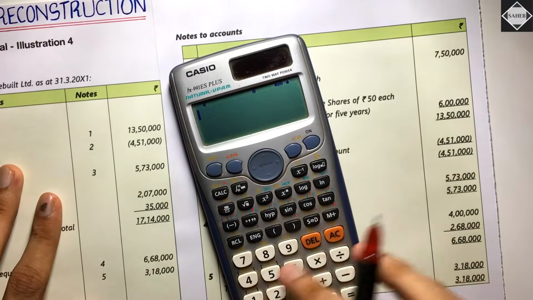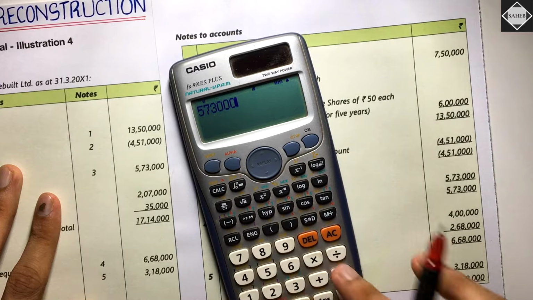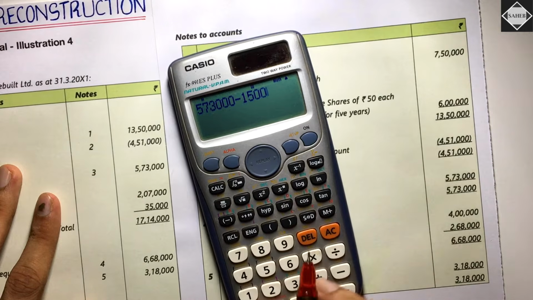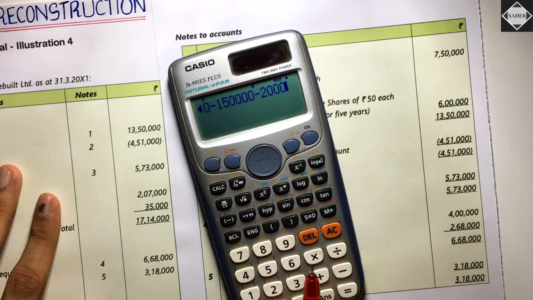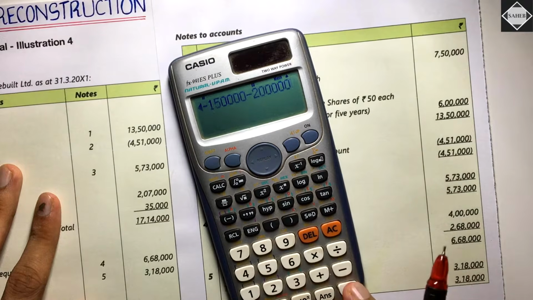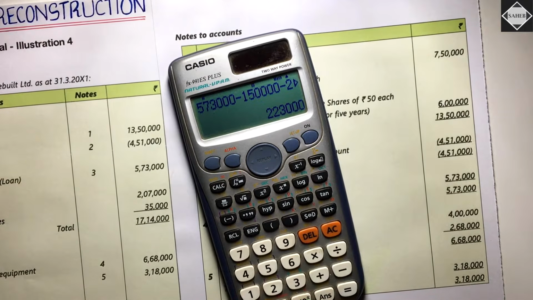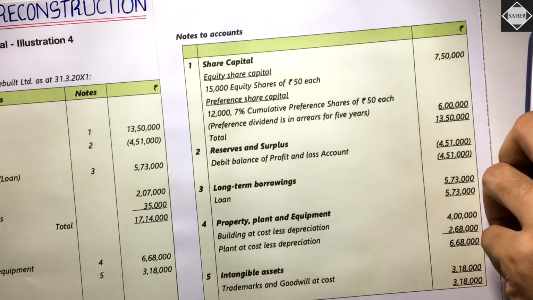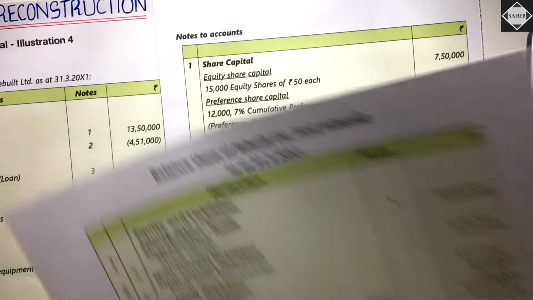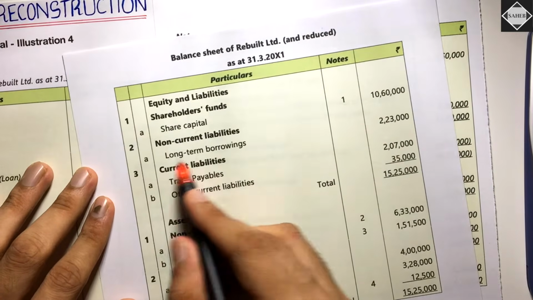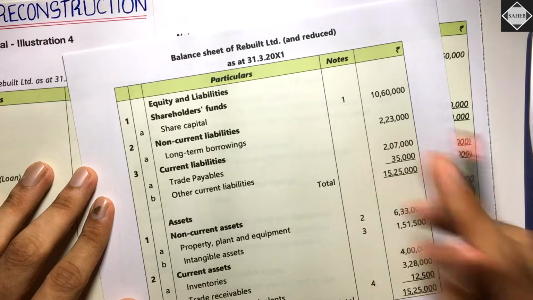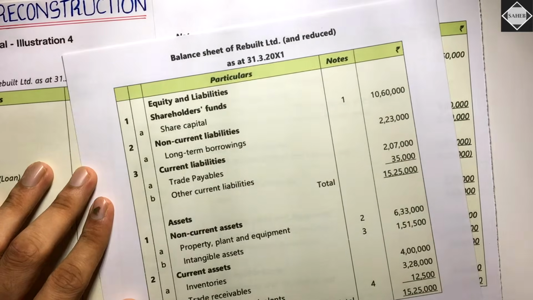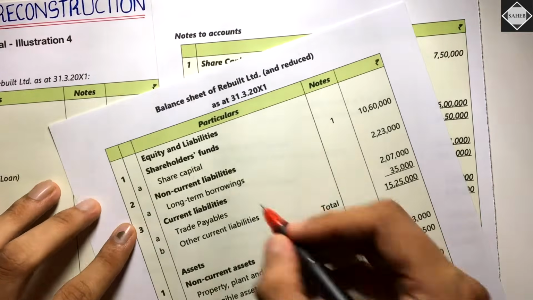So take 5,73,000 minus 1,50,000 minus 2 lakhs payment that we did, that's equal to 2,23,000. So in the new balance sheet, long-term borrowings are 2,23,000. This is how you have to do the calculation. Let me write that.